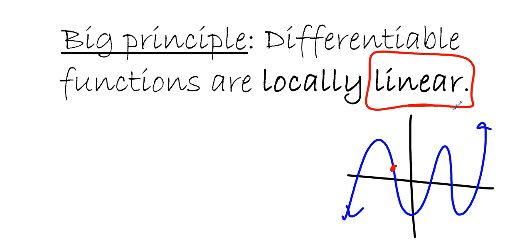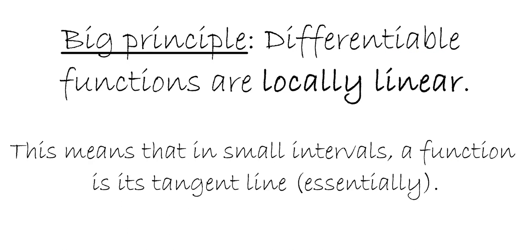So it's one of these weird things with nice, smooth, curvy functions. You zoom in close enough and they're lines. So in small intervals, a function is its tangent line essentially. So in a small interval, a function and its tangent line are basically the same thing.